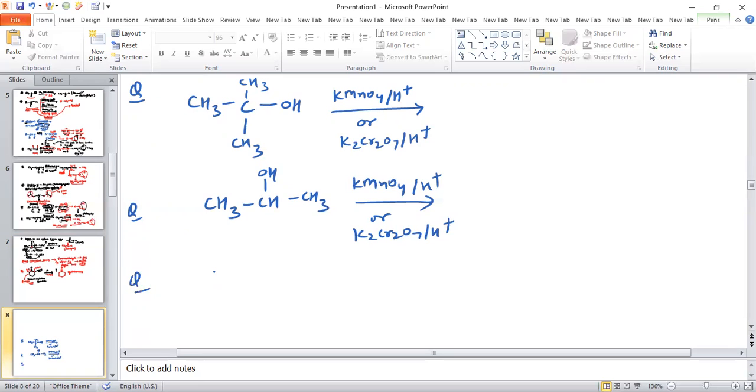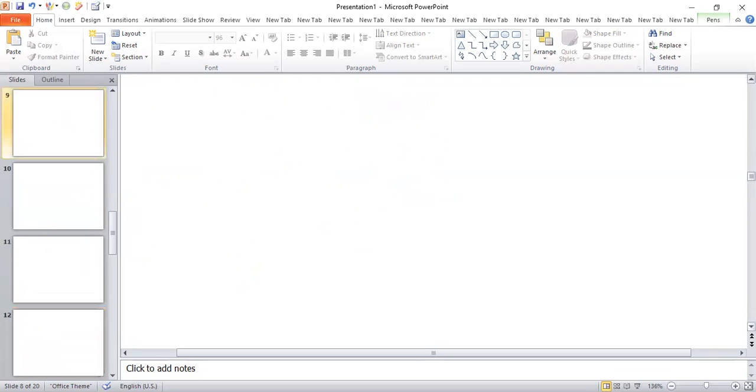And the next question: we have a compound with C double bond O and oxygen, and we use LiAlH4, so which product is obtained?